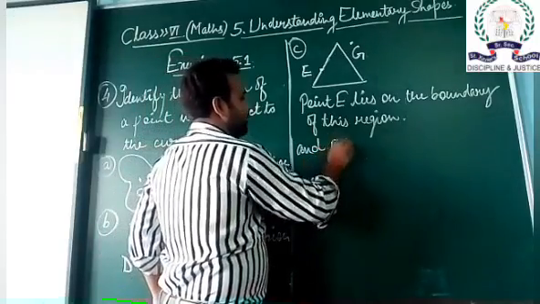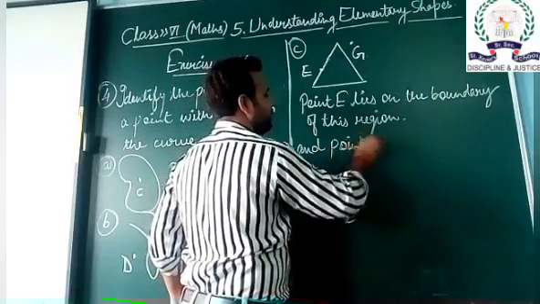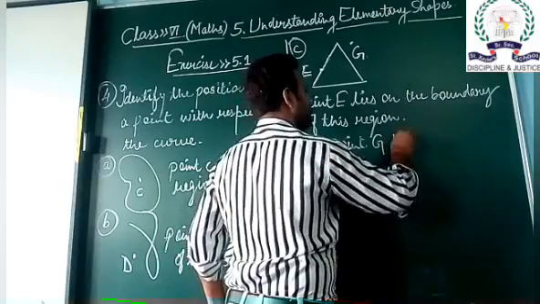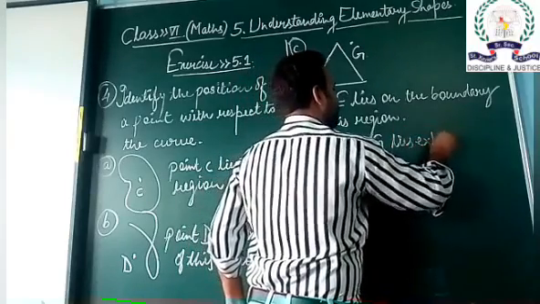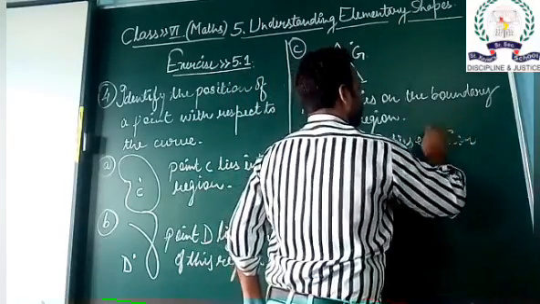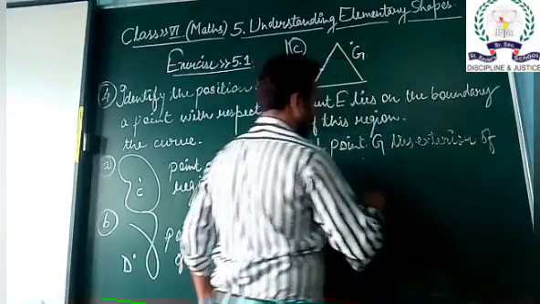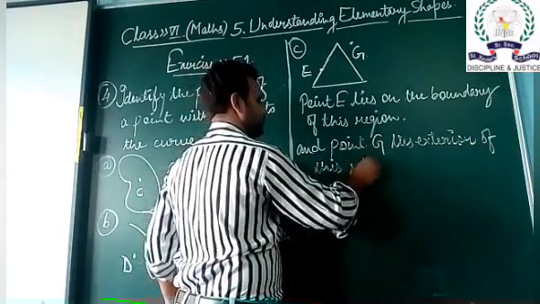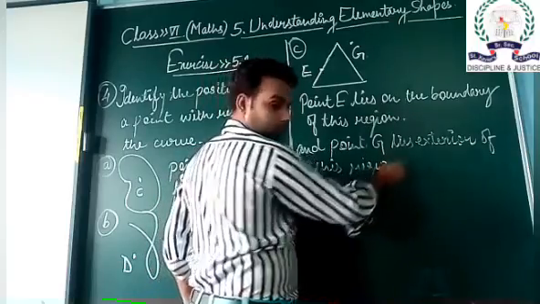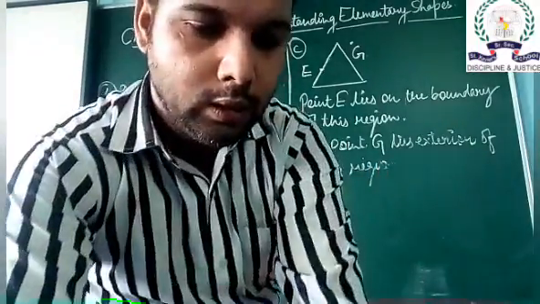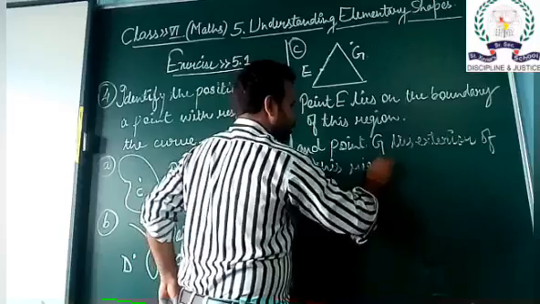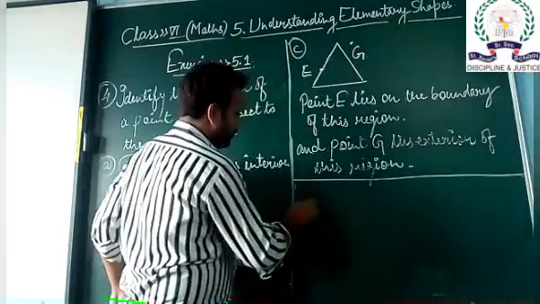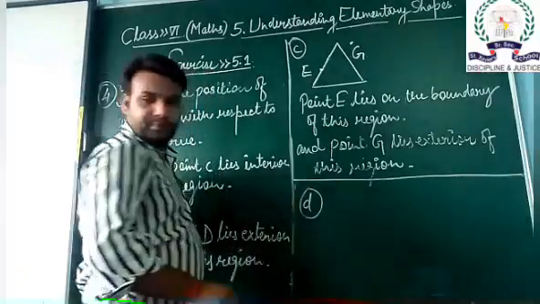Point G lies in the exterior of this region. Exterior of this region. Okay, then the last part is given.